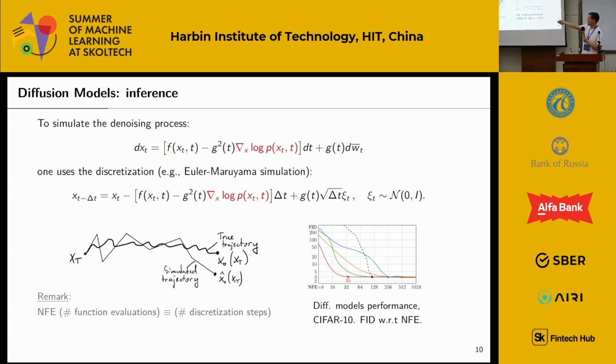We just discretize our time and do some numerical iterative schemes, approximate our trajectory numerically, and generate new data. Of course, to accurately generate new data, we need a lot of discretization steps, which is time consuming. It's one of the limitations of diffusion models. I discussed this during the previous lecture, but let us just briefly recall this.